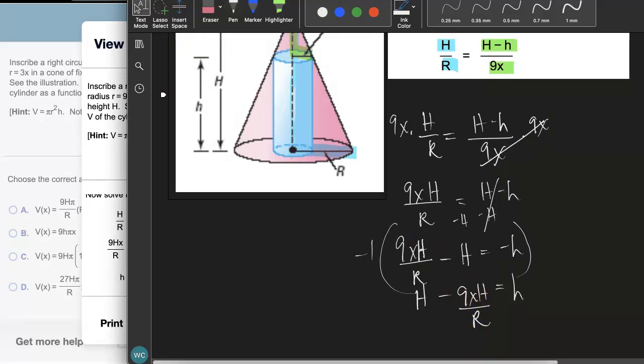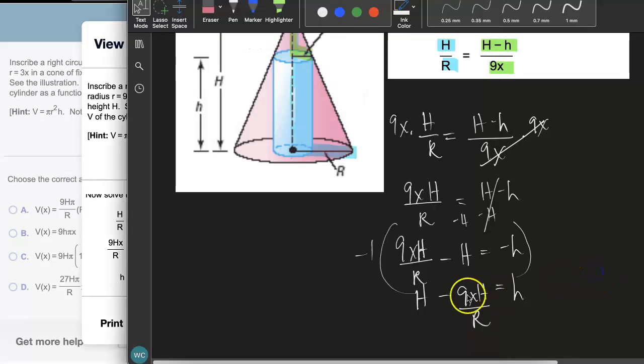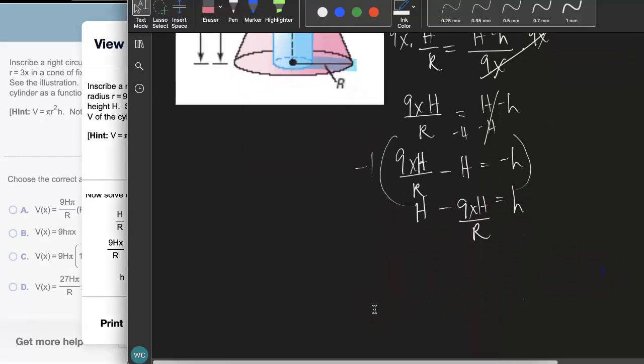When I look back at View an Example again, I see that all of a sudden both of these different terms here have the same denominator r. So that's the next step in our scratch work: we're going to write a common denominator r by multiplying this term by r over r.